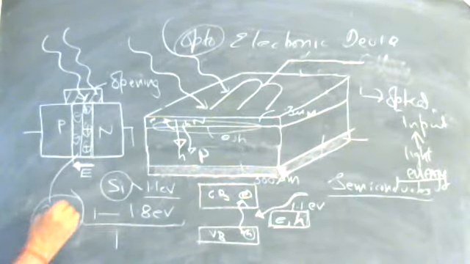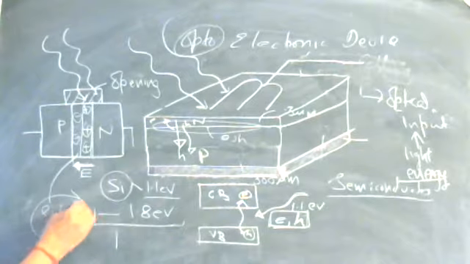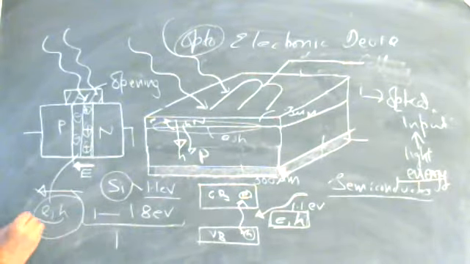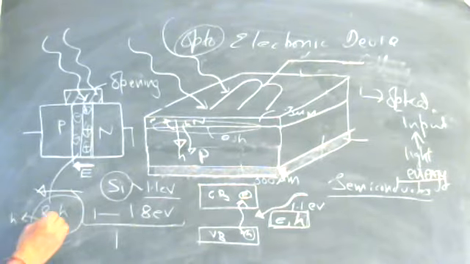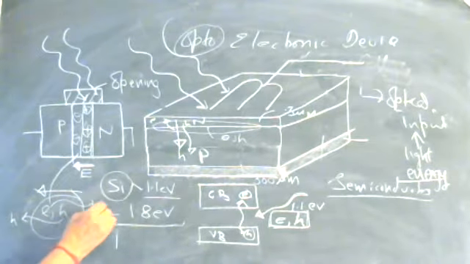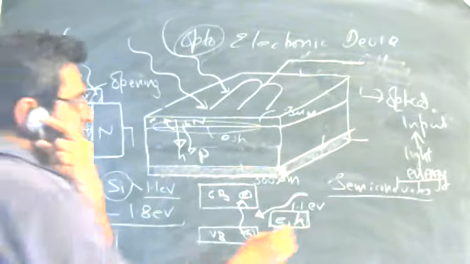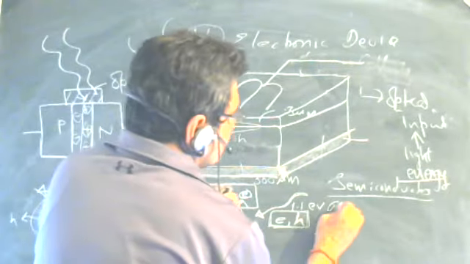Suppose EH pairs are created here. This is the direction of electric field. Holes will cross over to this side and electrons will move in the opposite direction. So there are three stages. One is generation.